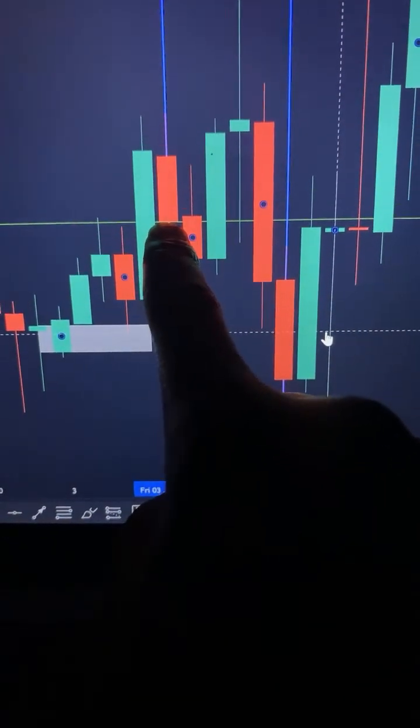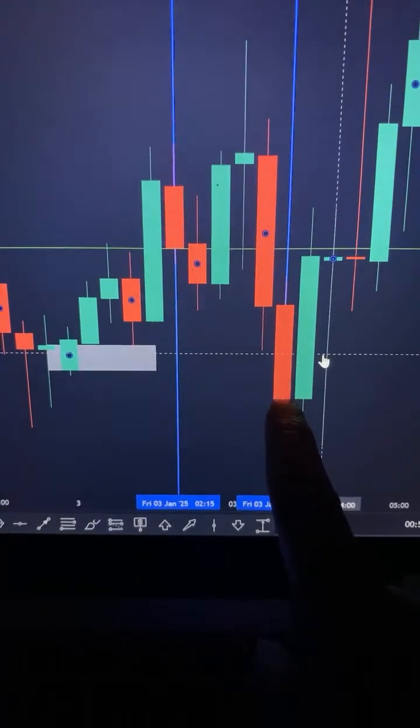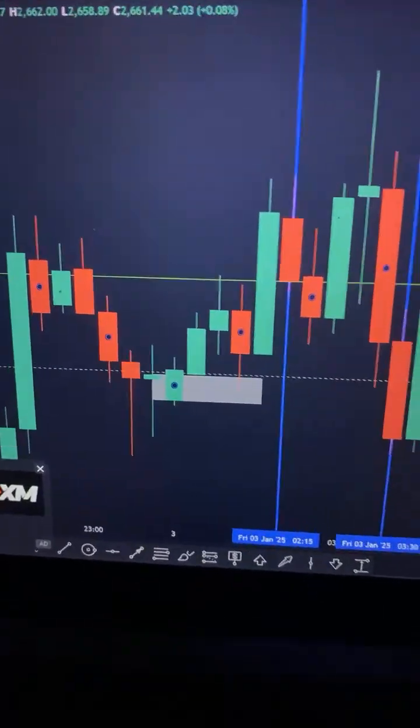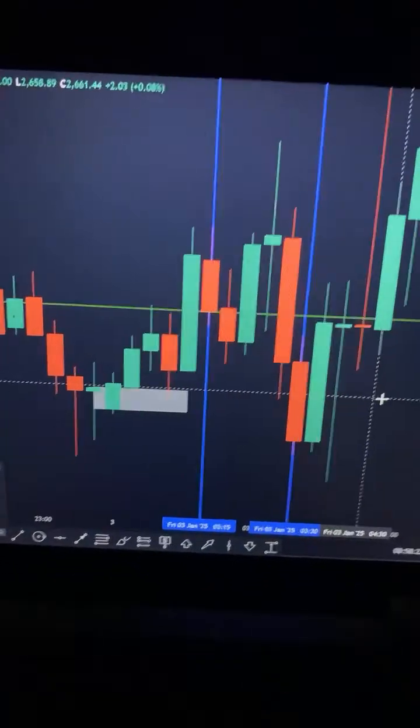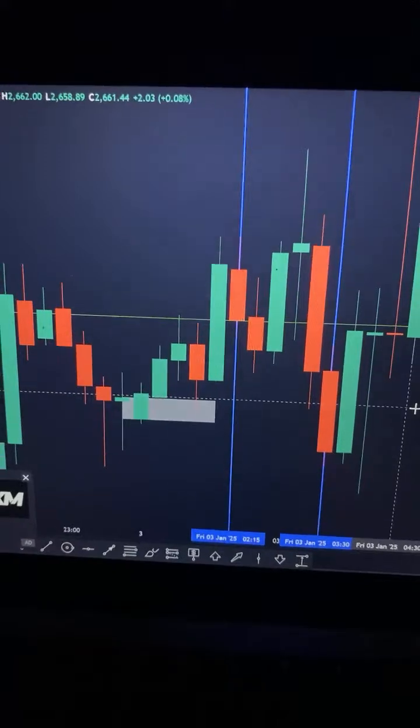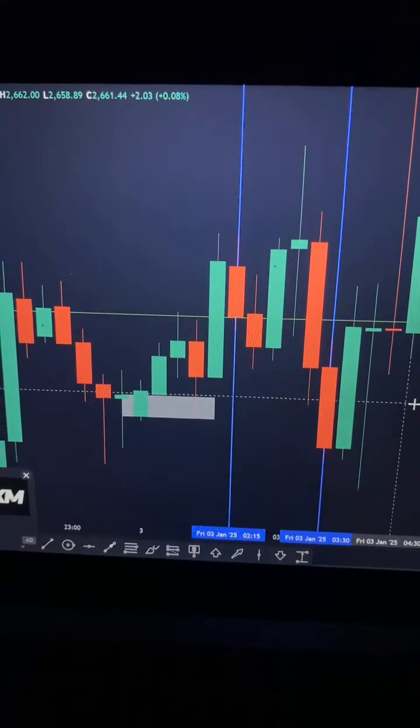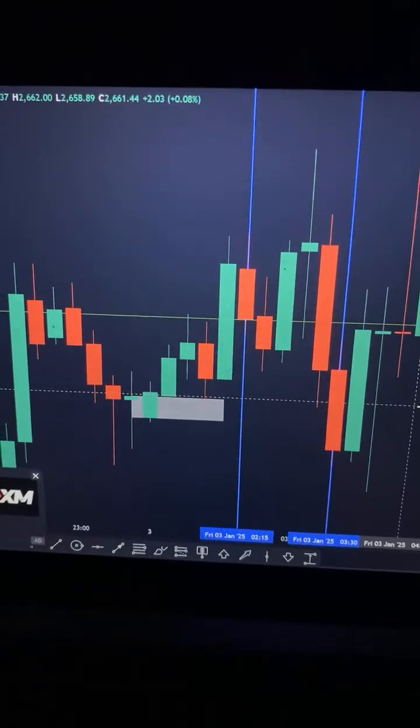So what you're going to be looking at is the candlestick that closes at 2:15. You look at whether the candlestick at 3:30 closes below. If it closes below, it means the direction during that Asian session would be bearish, or rather you need to be looking for selling opportunities, right?